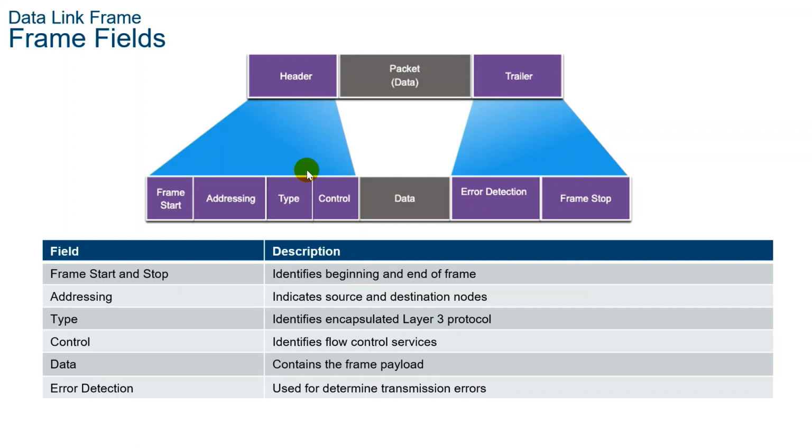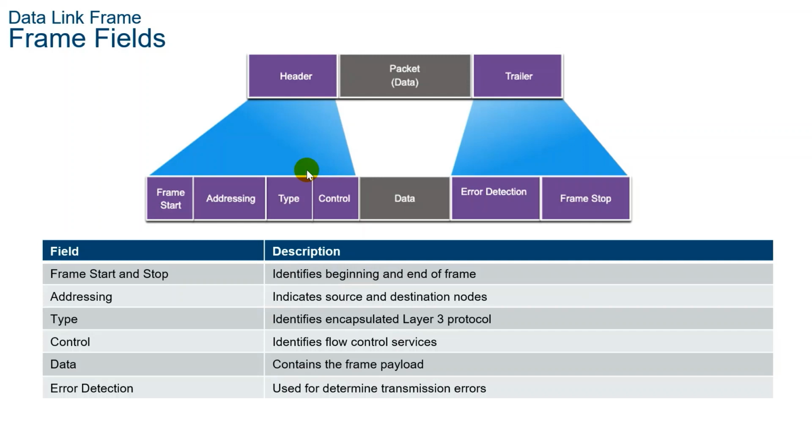Now the frame fields comprise these components. Framing breaks the stream into decipherable groupings, with control information inserted in the header and trailer as values in different fields.